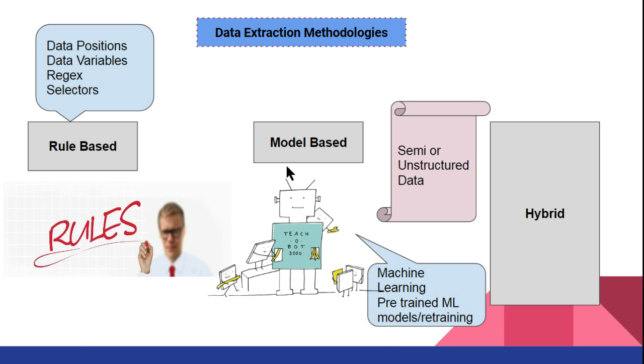The third option is hybrid, using both rule based and model based. I am pretty sure you may not have a complete understanding of it yet. As we progress in the videos, you will get more clarity on all of this.